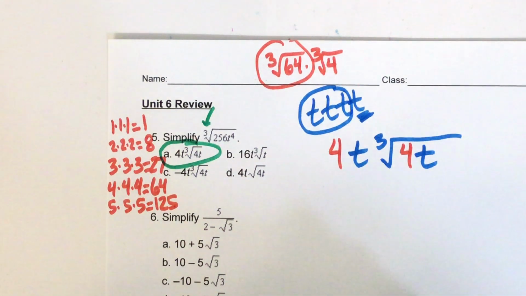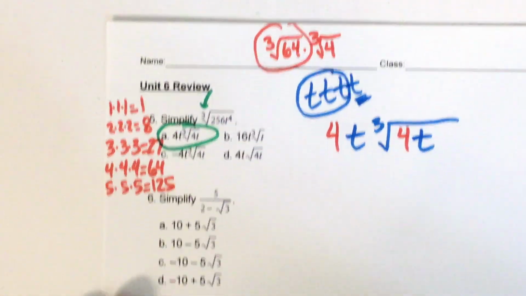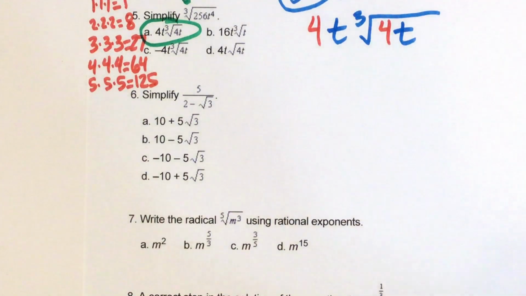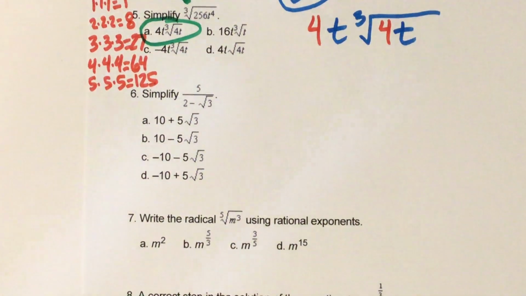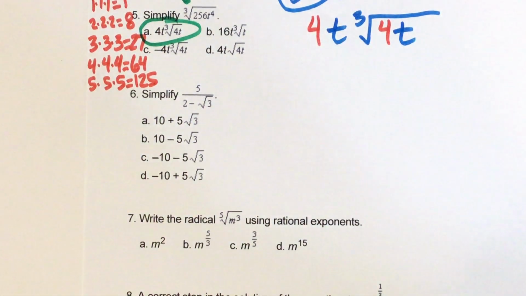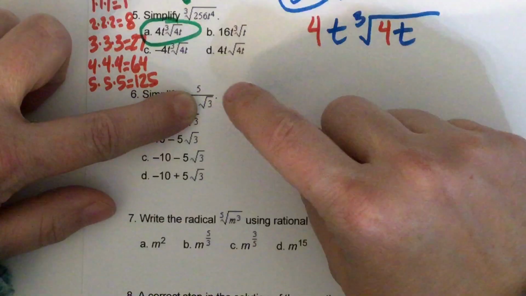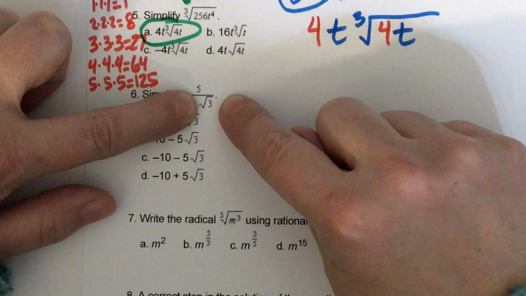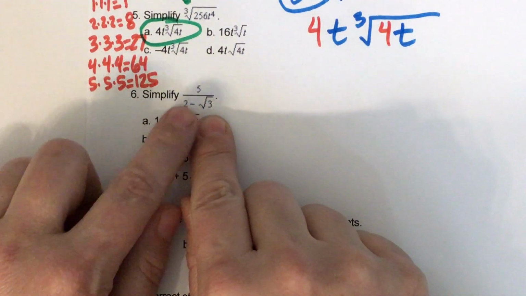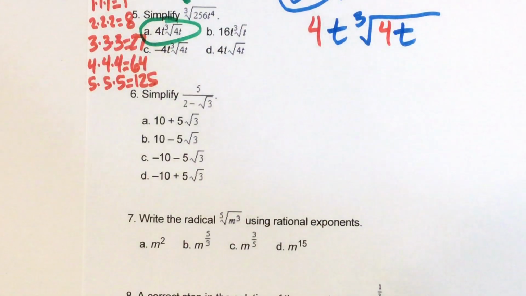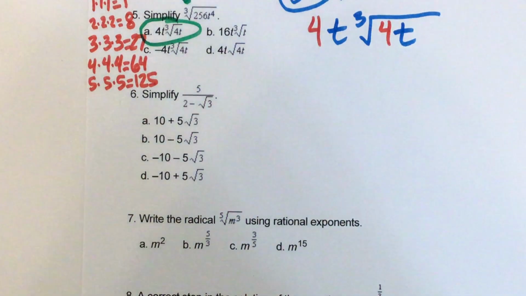Okay, number 6. We are not allowed to have radicals in the denominator. So I need to get rid of this radical. Now, if it had just been a square root of 3 in the denominator, I would have multiplied by square root of 3 over square root of 3. But because the radical is attached to a plus or a minus, I need to multiply by its conjugate.